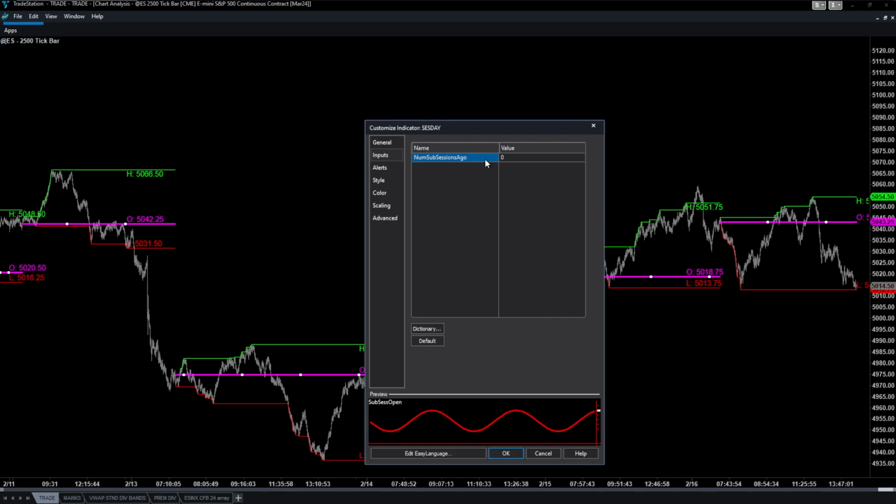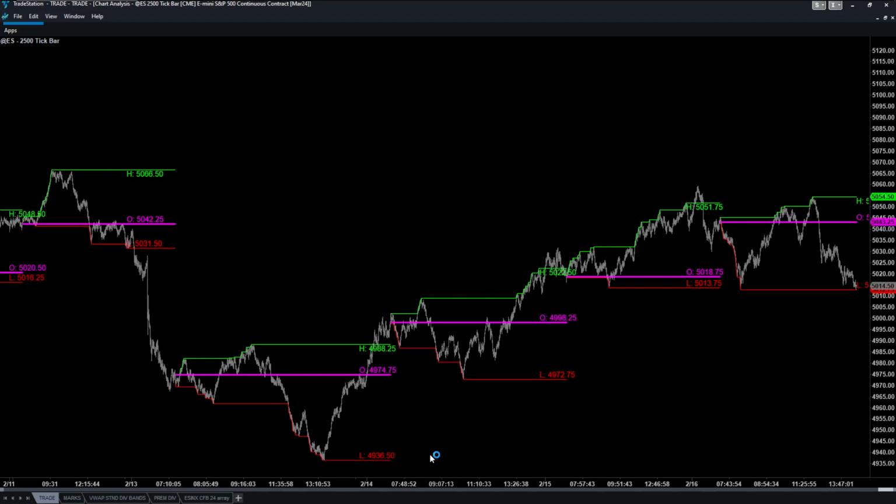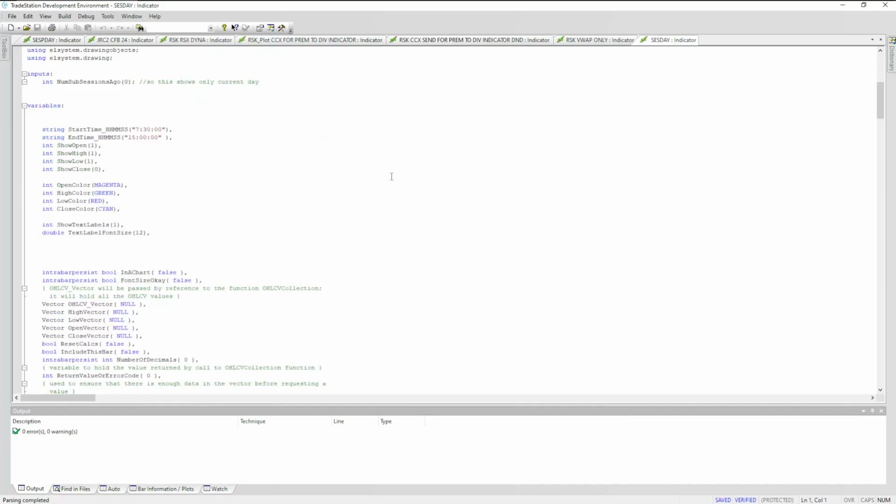When this is set to 0, it is only looking at the open, the high, and the low of the current day. You can manipulate by going into the easy language.